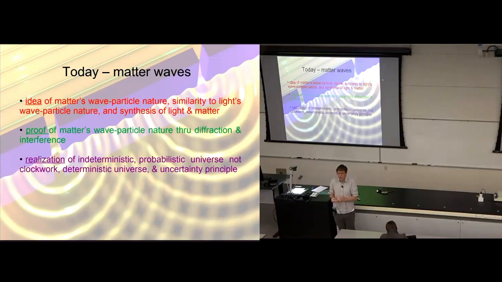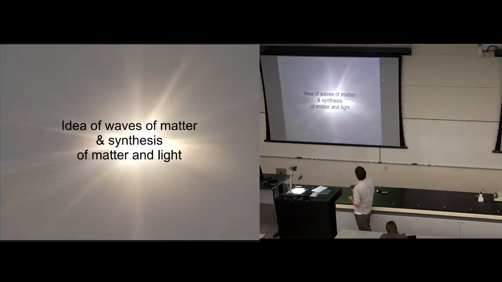And so we'll discuss that. And we'll discuss a concept called the uncertainty principle, which kind of codifies or embodies this probabilistic, undeterministic nature of the universe. So this is the plan.